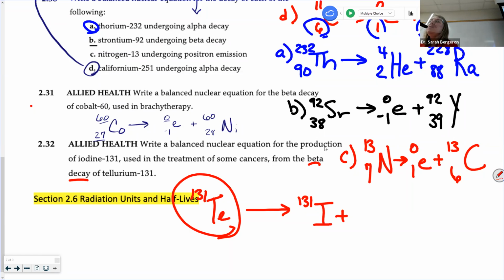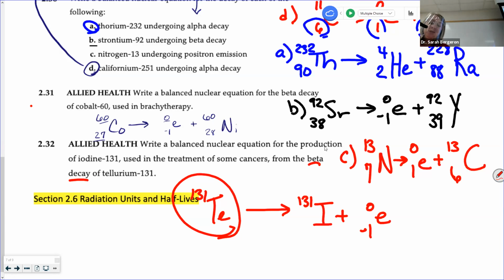So be careful that you know which side of the equation to put it on. Sometimes that's a little bit tricky. So a beta particle, y'all told me already, was just an electron. What are we missing? Atomic numbers. But here, did we have to do any math? No, it was just knowing which side of the equation to put it on.